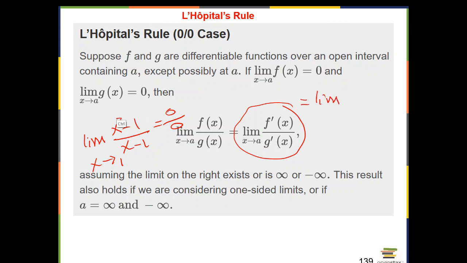What's the derivative of x squared minus 1? It's 2x. The derivative of x minus 1 is 1. So what's the limit when x approaches 1? It is 2. It's very easy to find limits using this theorem. This also works if the limit on the right exists, or if it is infinity or negative infinity.